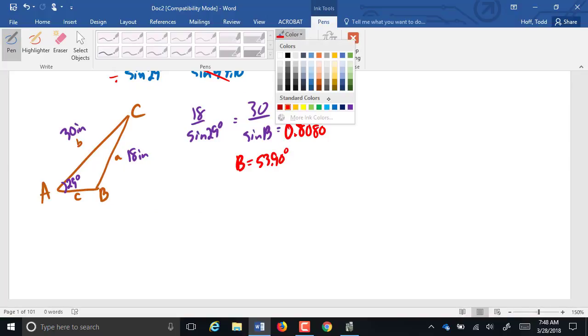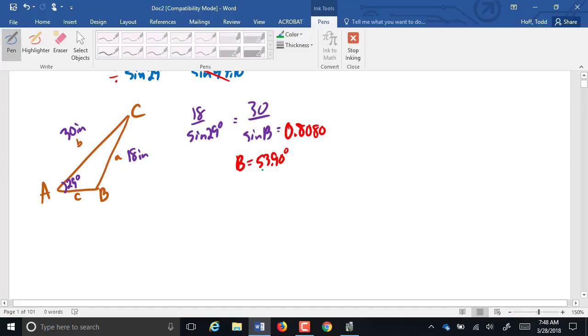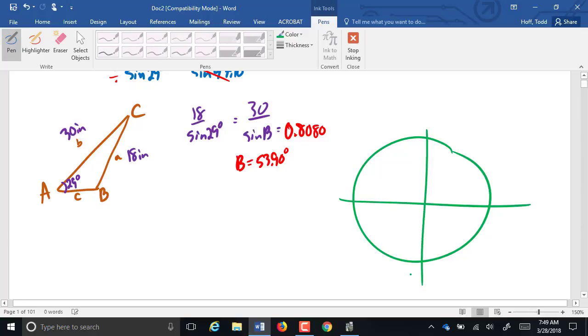But how would we find B then from that 53.90? Well, remember, there are two angles when we look at our unit circle. That sine of 0.8080, there's another angle that has that same sine that's right over here, right? This angle here is 53.90.